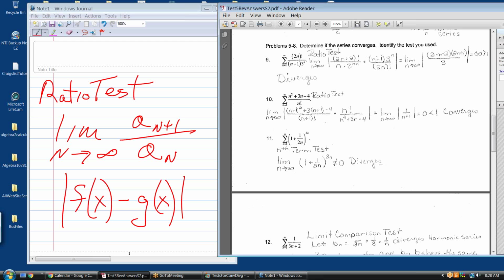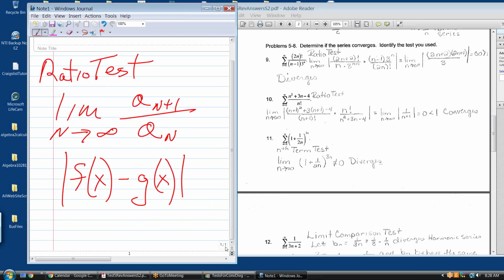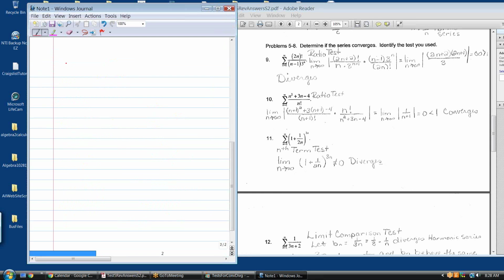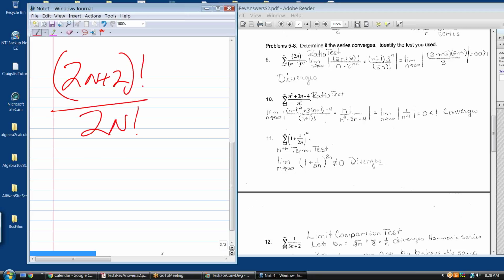Now, as far as simplifying this, it actually looks like 2n plus 2 factorial over 2n factorial must be equal to that numerator. And you could prove that. If you ever have problems with this, we have 2n plus 2 factorial divided by 2n factorial. Well, let's stick in an n of 3.